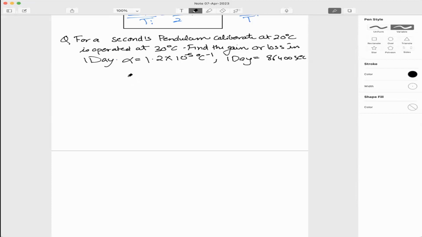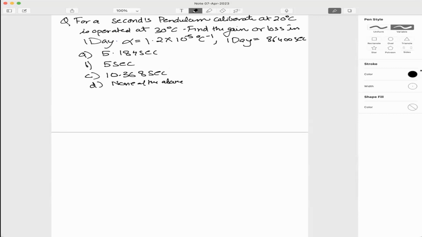The options are 5.184 second, 5 second, 10.368 second, and none of the above. So try this question. Okay, let's solve it.